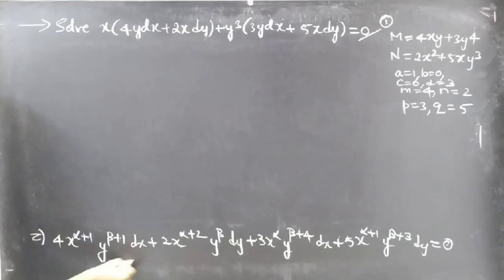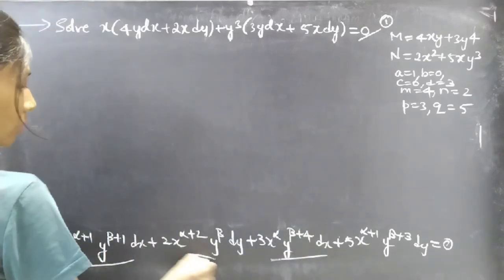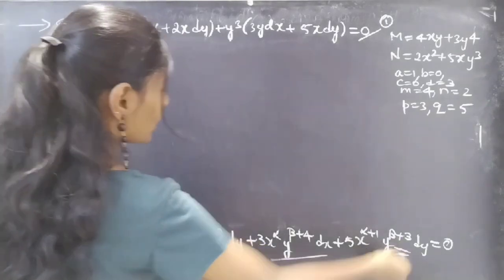Now take dx common from the first term and the third term and take dy common from the second term and the last term.